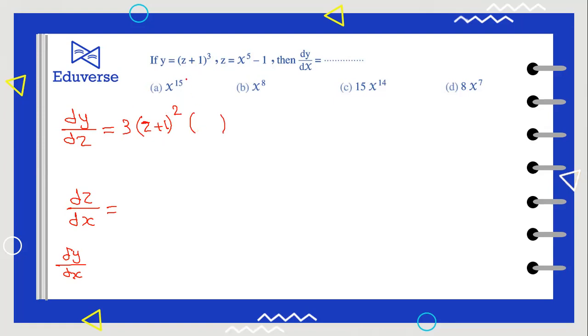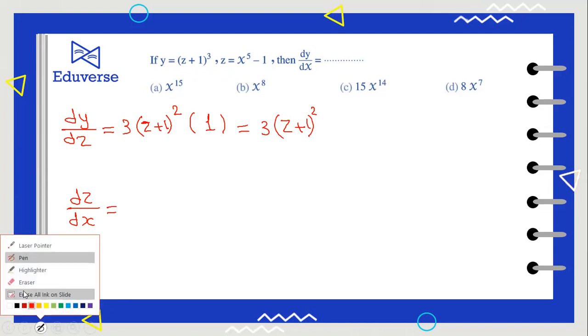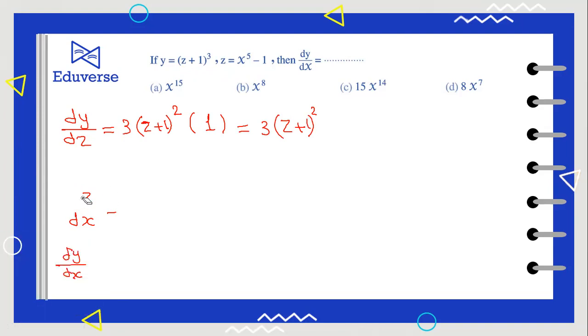Z plus 1, the derivative of z is 1, and the derivative of 1 is 0. Then the result is 3 multiplied by (z plus 1) to the power 2. Okay, now dz by dx, the derivative of z with respect to x.